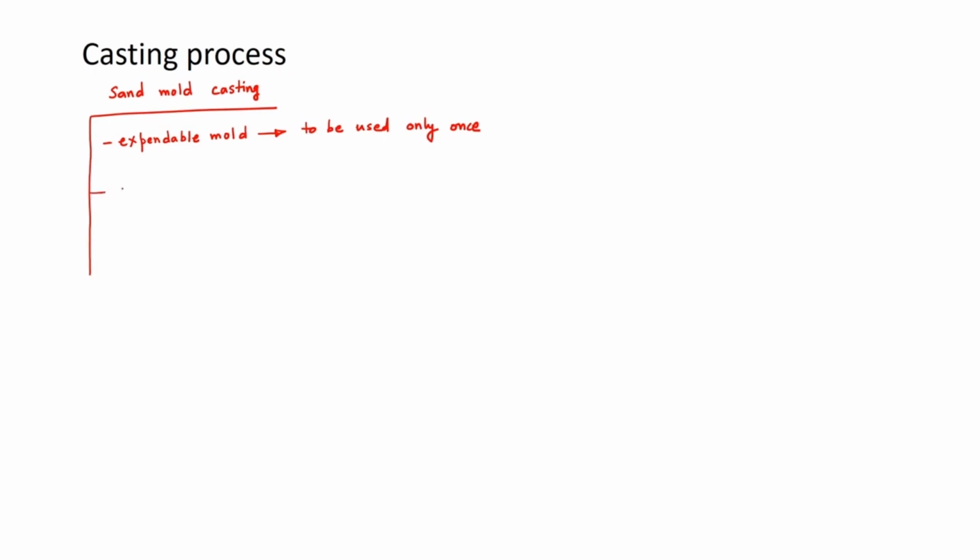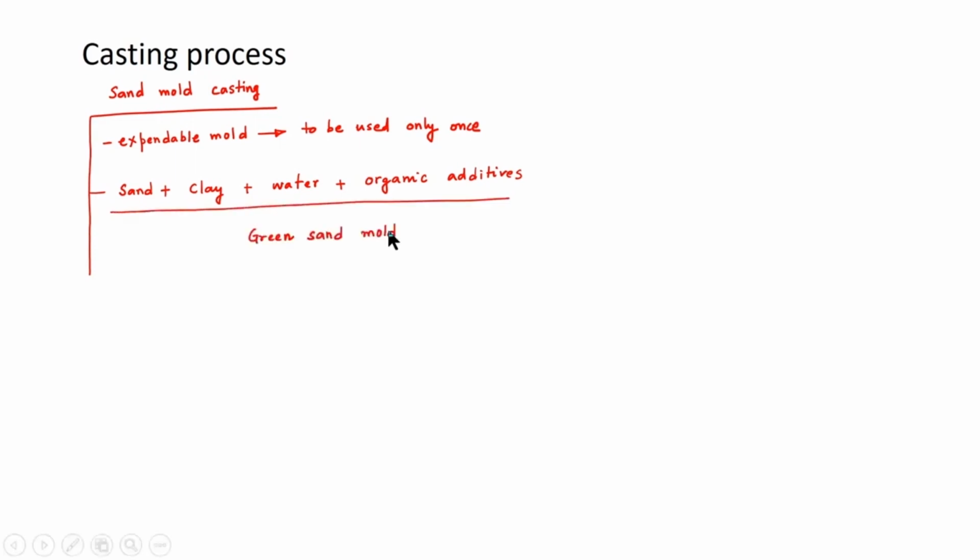In sand mold casting, we are using an expendable mold, which we are using only once. So, when the sand is mixed with clay and water with certain organic additives, we get the green sand mold.